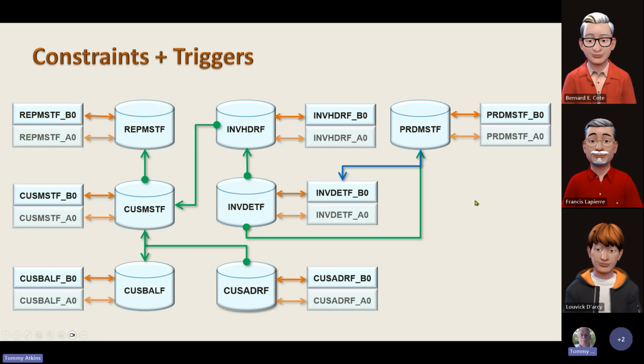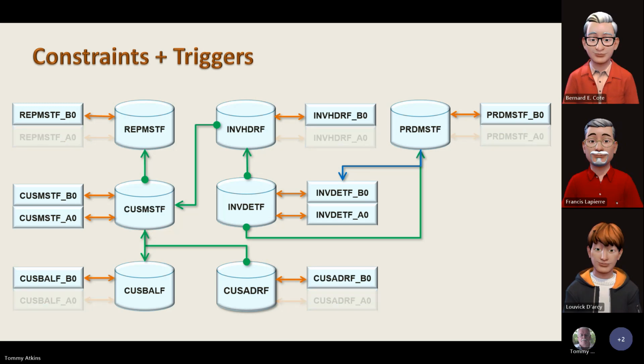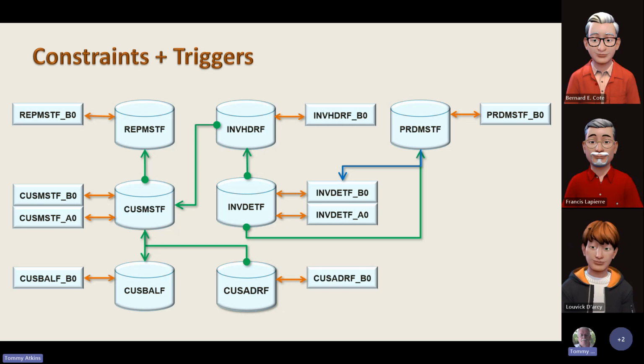Here's another one. Here, you could put after triggers everywhere, but it's not necessary to do that. I find that you only need after triggers in certain definite circumstances. Now, the one here, you can see there's an after trigger on the customer master file.